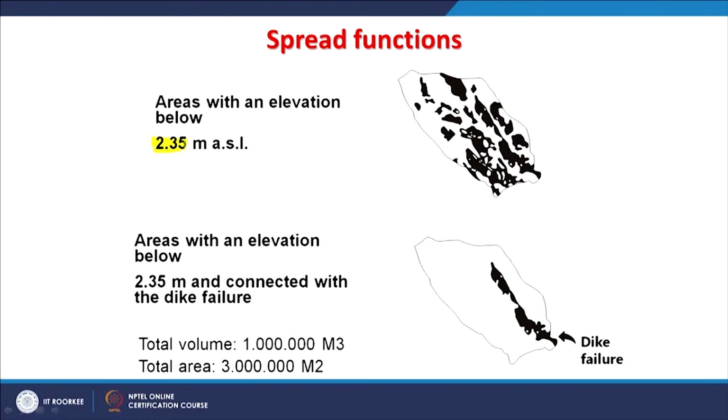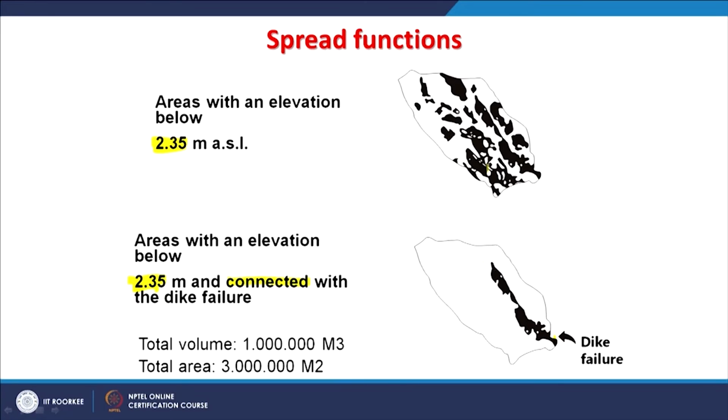So, it is just say 2.35 meter. Now, the area with elevation below 2.5 meter and connected, because recall this is the connectivity function, and if the dike fails, which are the areas that will get flooded? These are the areas.